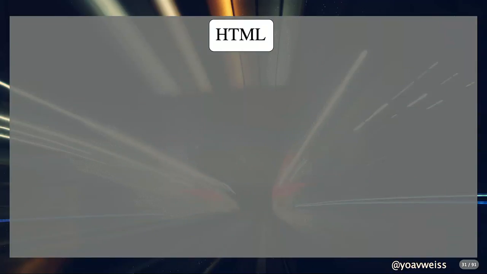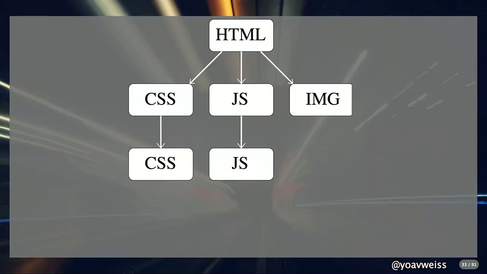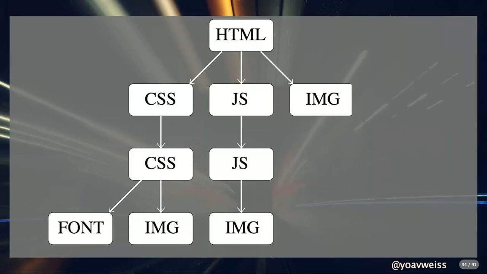So if we look at the resource download dependency tree, the browser starts out with just downloading the HTML. That's the only URL it is aware of. Then it discovers CSS, JavaScript, and images and downloads them as well. CSS and JavaScript can often download other resources, which then can download even more resources.